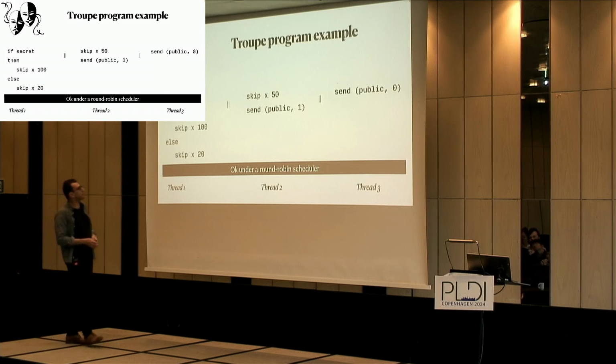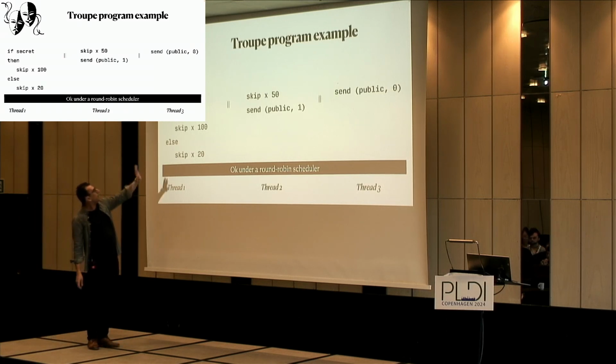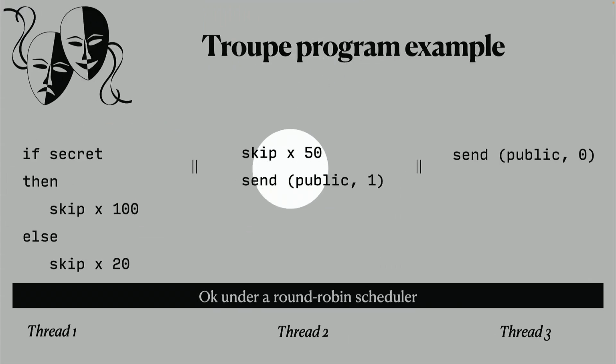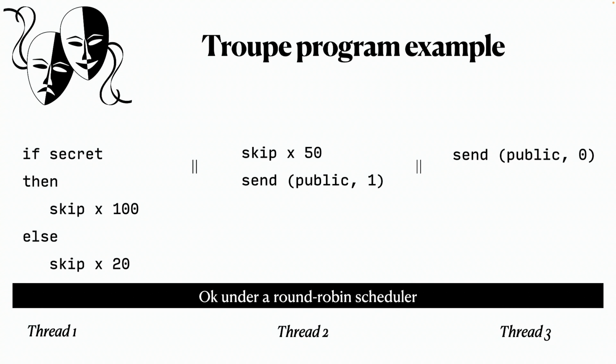What you see here is three different processes. The left one has access to the secret. The middle one does not have access to the secret, and the rightmost one doesn't either.